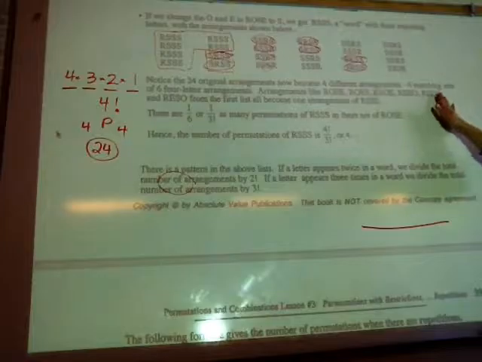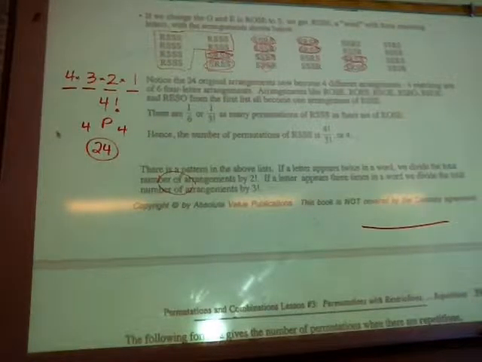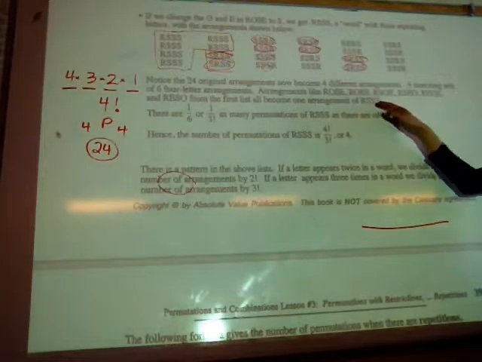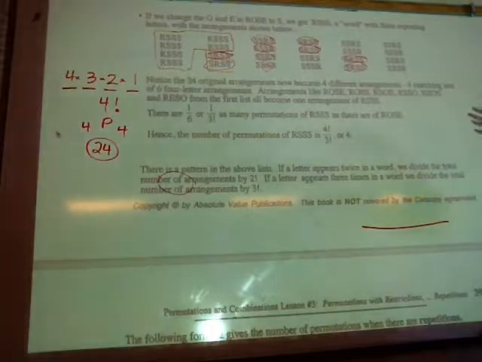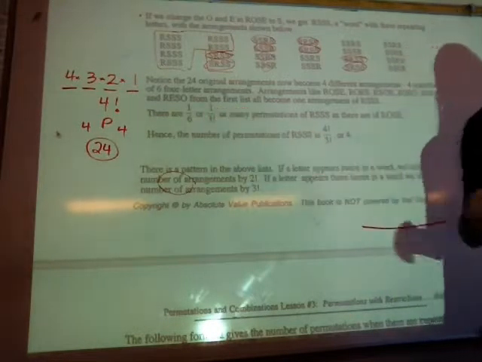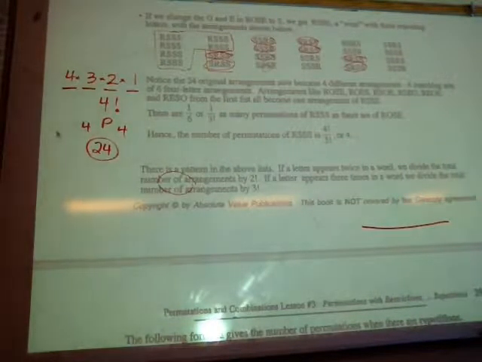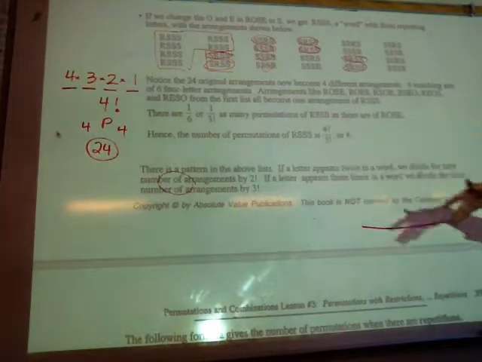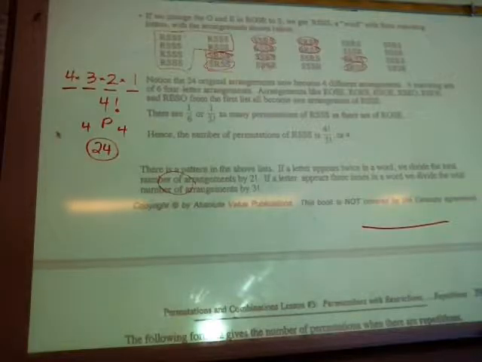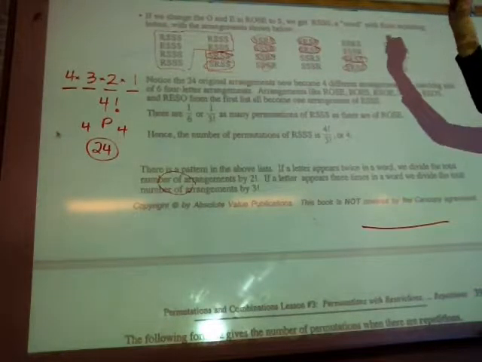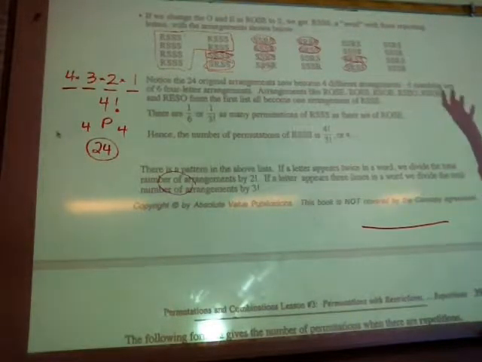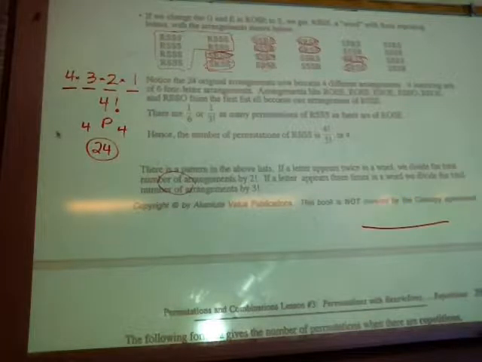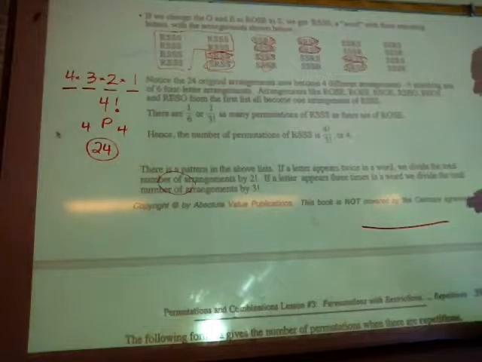Arrangements like the following from the list all become one arrangement of R, S, S, S. So we only have 1/6 of what we had before, and that's where the 3 factorial comes from. We just divide by what we're repeating.